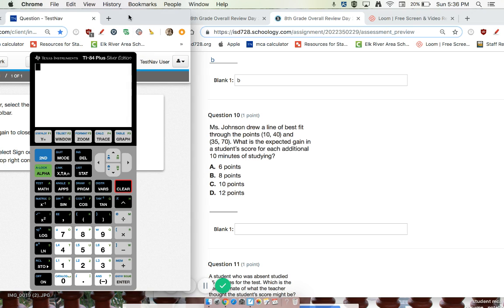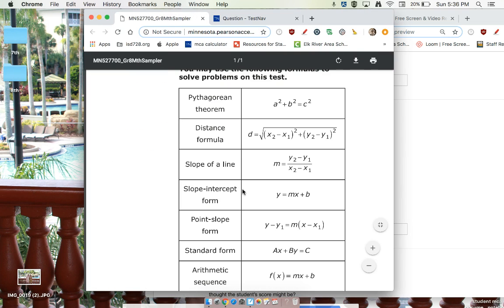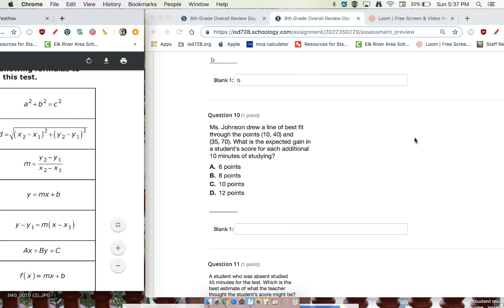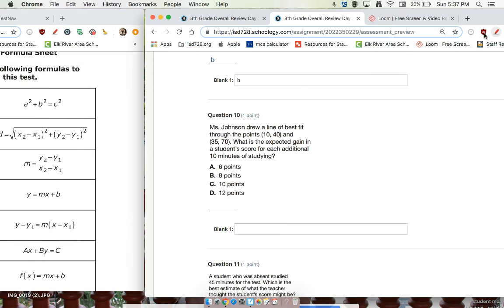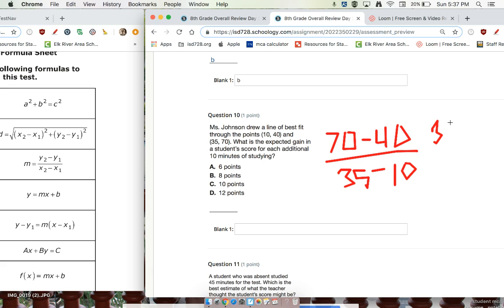If you recall, when you find slope from 2 points, it's the slope of a line: second y, take away the first, over second x, take away the first. So my second y is 70, take away my first y, 40, over my second x, 35, take away my first x, 10. Okay, so that would be 30 over 25.